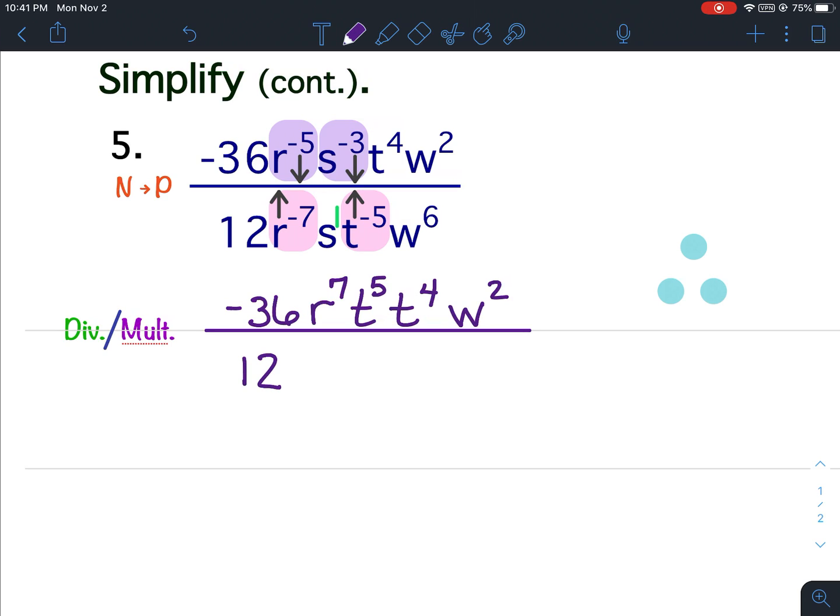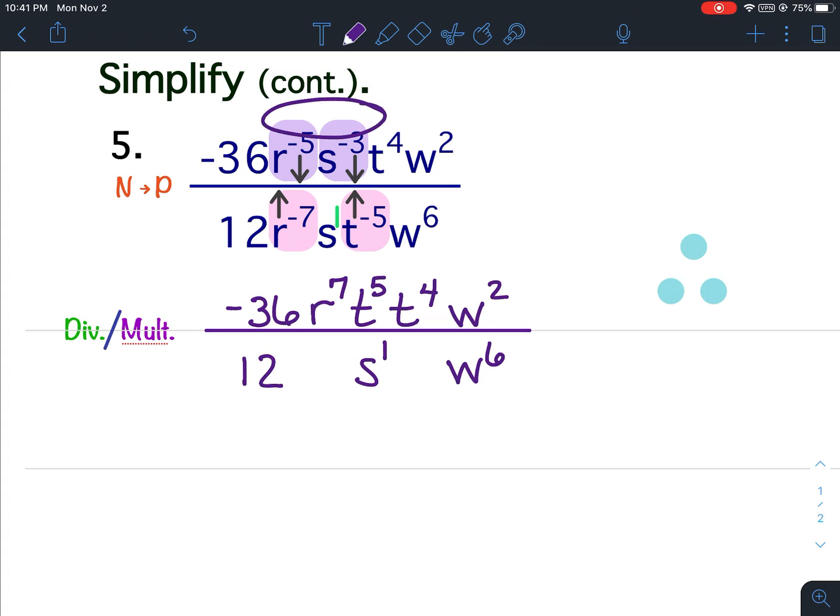the 12 stays. I have an s to the 1st and a w to the 6th. This moved to the top, this moved to the top, so I don't have that anymore.